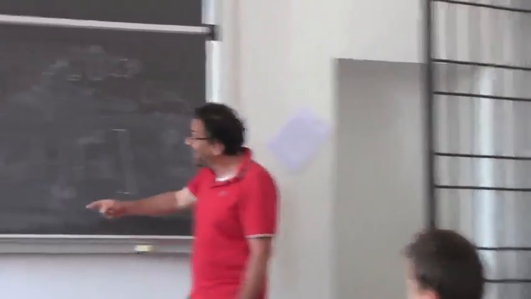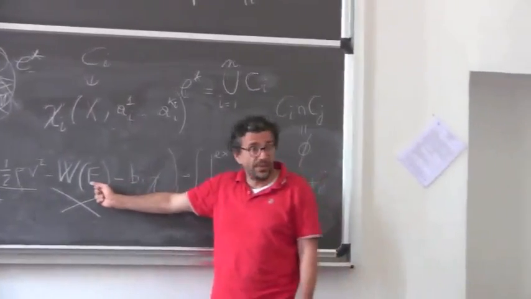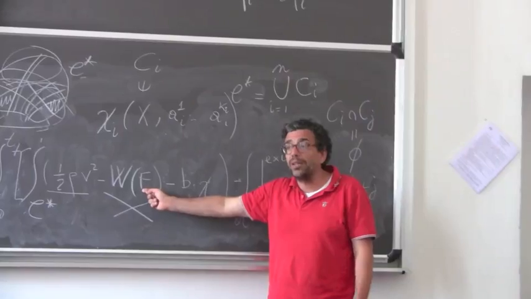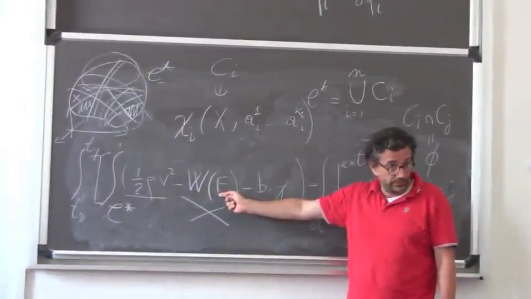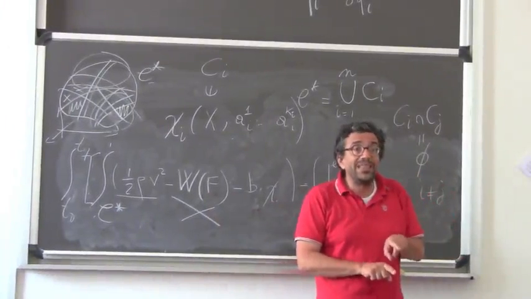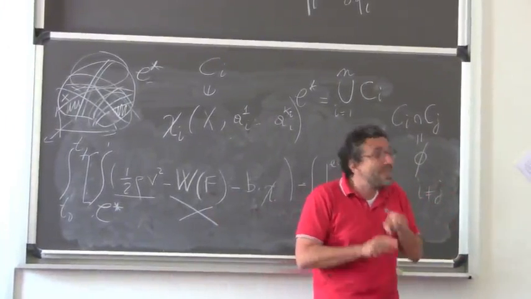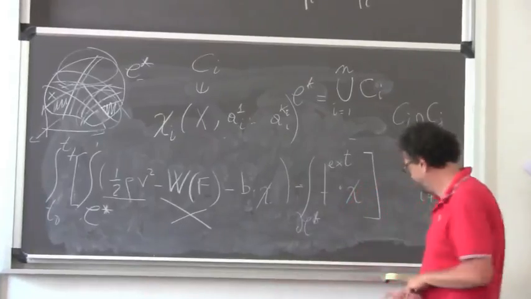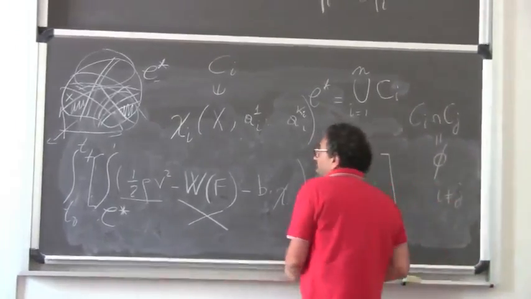You need the gradient of displacement in order to calculate energy. If you have a jump of displacement, you have a derivative somewhere which is infinite. I don't know if you have this in mind.